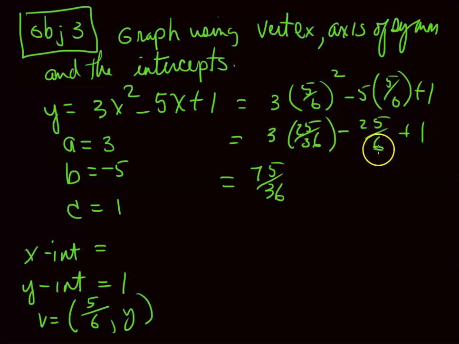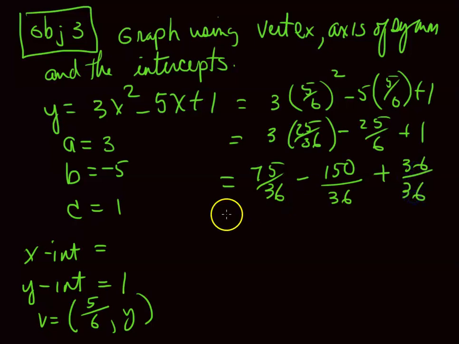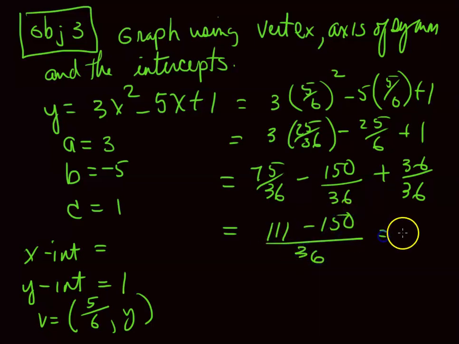Now, in order to get a common denominator so we can combine these, I've got to multiply by 6. What is 6 times 25? Well, what is 6 quarters? 150 cents. That'll be 36, and then 36 over 36 is the same as 1. So this is 75 and 36, 111. 36 minus 150 is a negative 39.